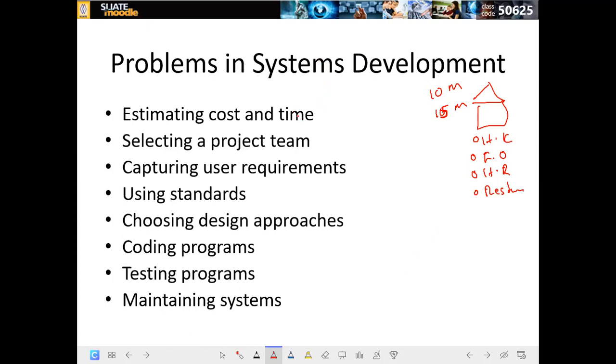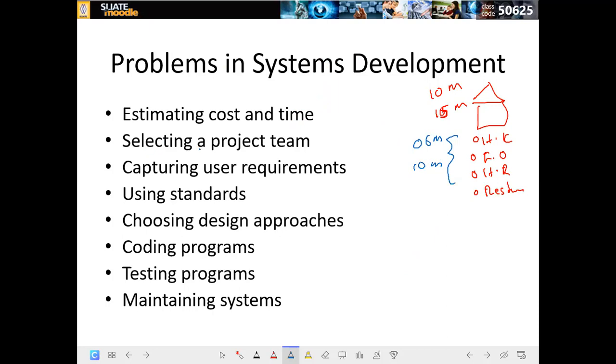The other one is time estimation. You may think 6 months is enough to develop the system, but you may find some problems when you start completing it, and then it will take about 10 months.